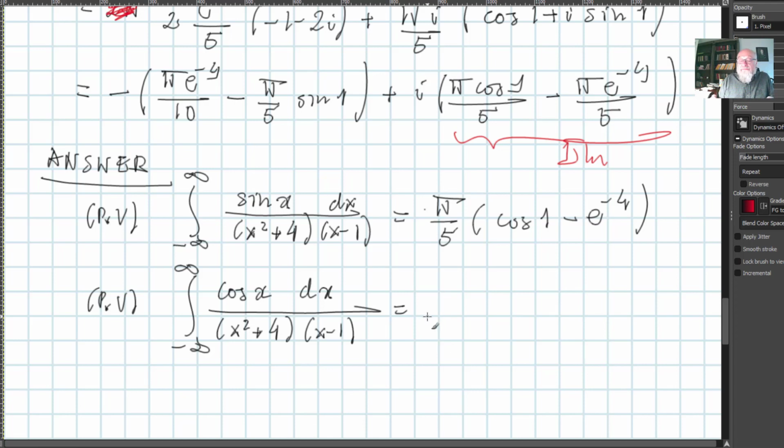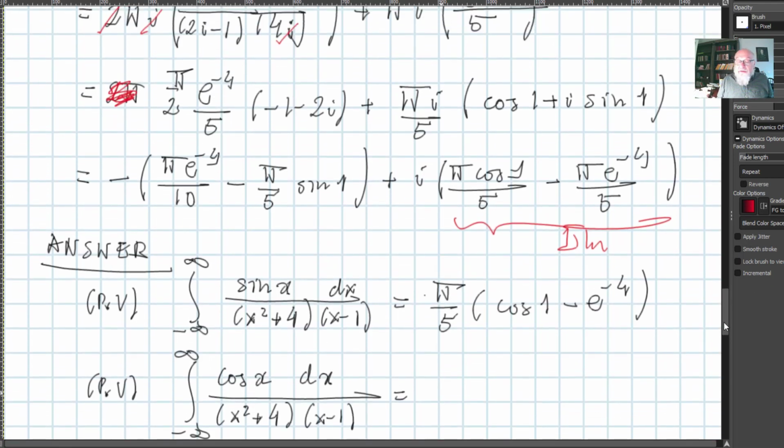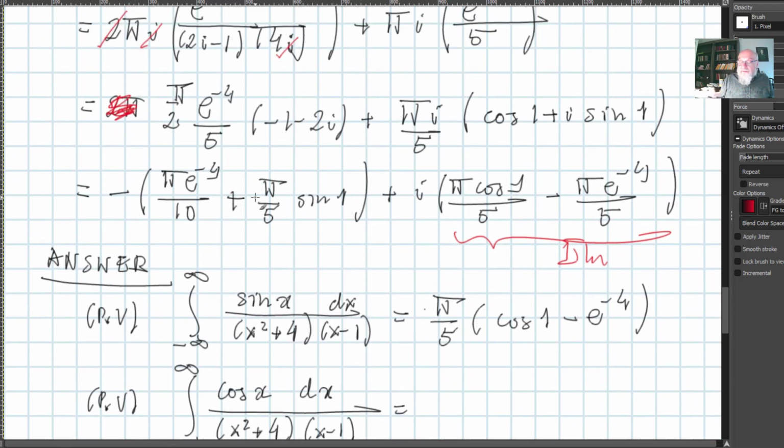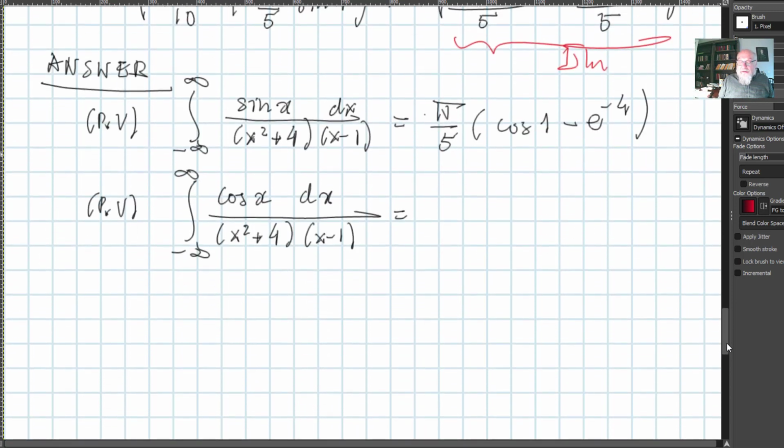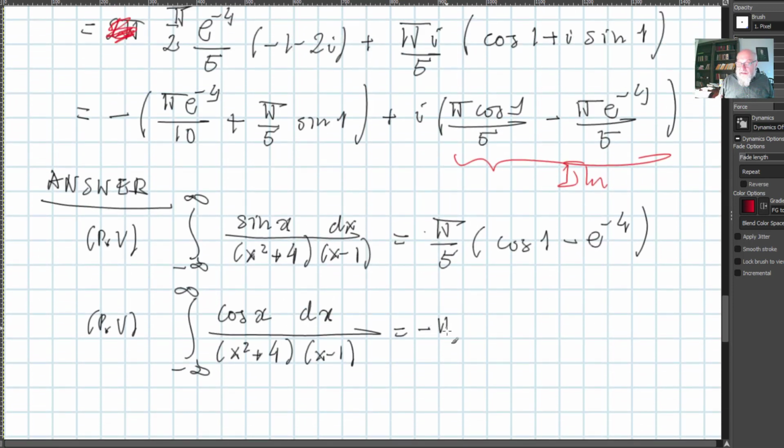I think I made a mistake. This one is plus. Yeah, so this is minus pi over 10, and then we have e to the power minus 4, and this will be plus 2 times sine of 1. And that's the example.